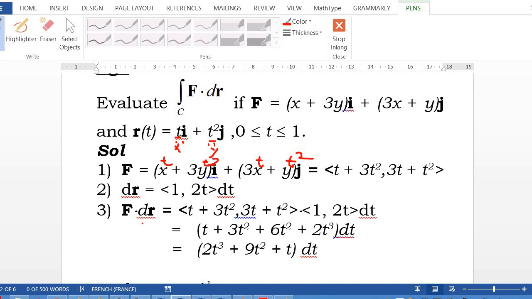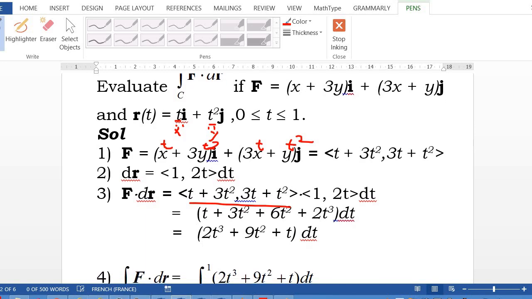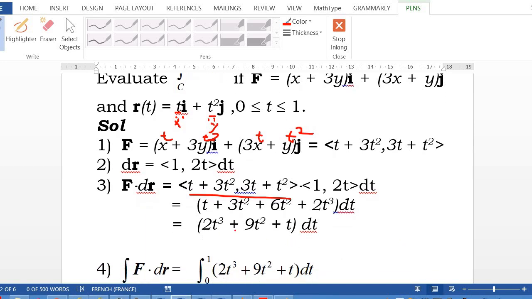Later on, third step, you find the dot product F dot dr. Taking F dot with dr, recall the dot product, the result is a scalar, where each component i is multiplied with i, j with j. So t plus 3t squared multiplied with 1 gives t plus 3t squared.